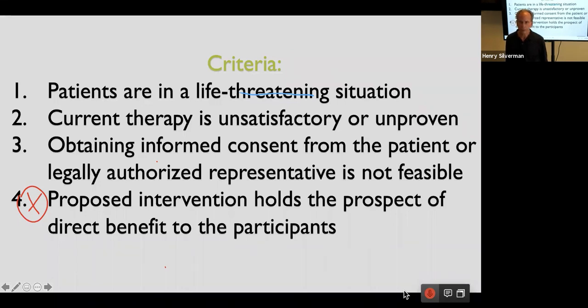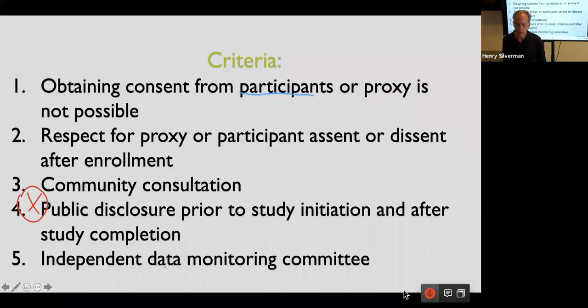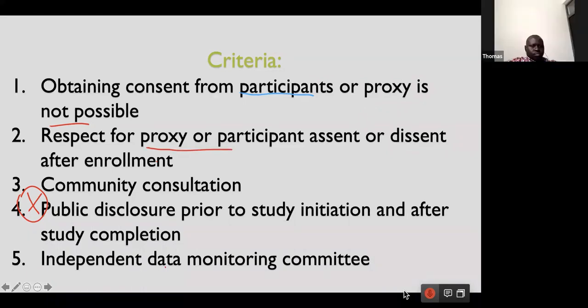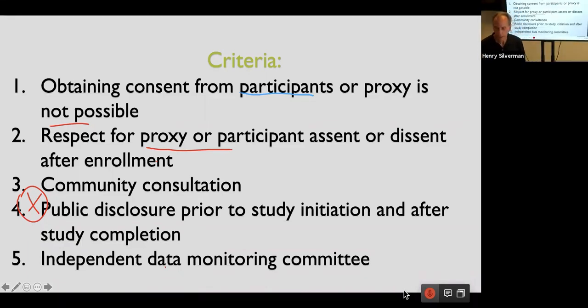So the patient has to be in a life-threatening situation, you can't obtain informed consent, current therapy is unsatisfactory or unproven, and the proposed intervention holds the prospect of direct benefit to the participants. Also, obtaining consent from a proxy is not possible. Also, if your patient happens to wake up, you need to get their informed consent.